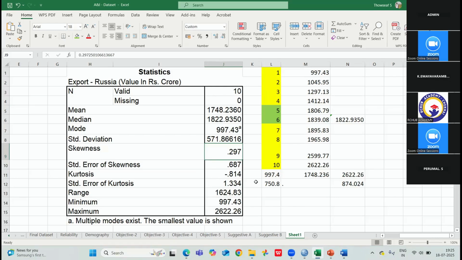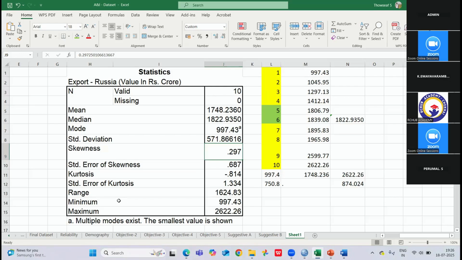So if we are getting metric data, you can say that we are exporting here. For this table, I'm taking the interpretation. On an average, for the past 10 years, India has exported 1,748.236 crore rupees worth of agricultural products to Russia. And it has a median value of 1,822.9350.